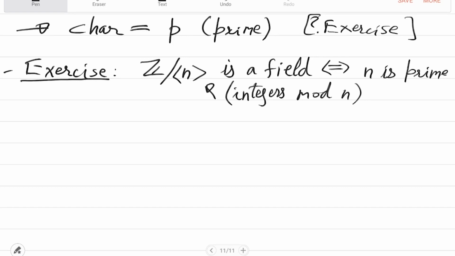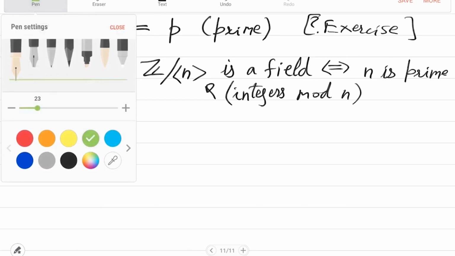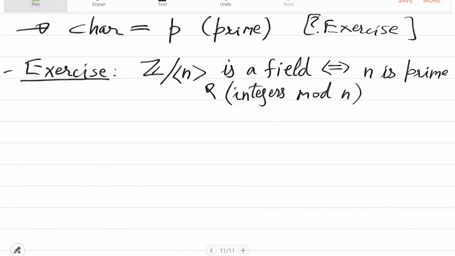So what happens when n is composite? What is the main problem that happens? Yeah, so the problem is that inverse will not exist. Take n to be 6, then the problem is that 2 inverse mod 6 doesn't exist.